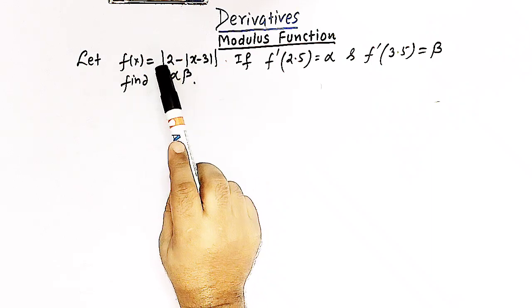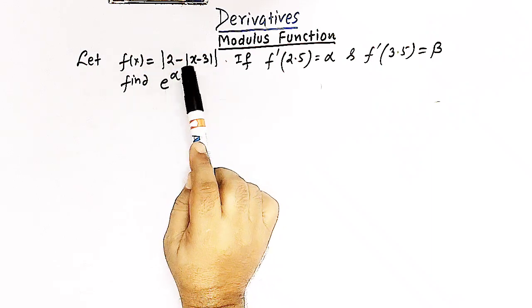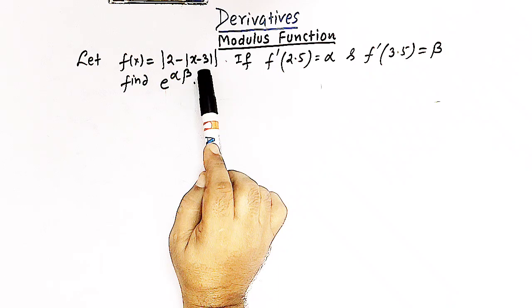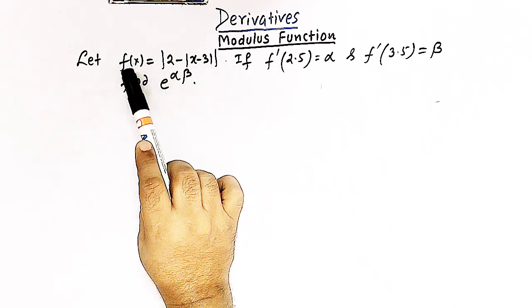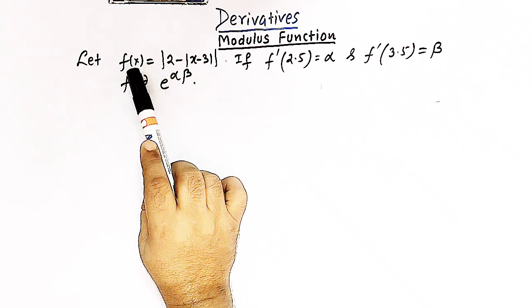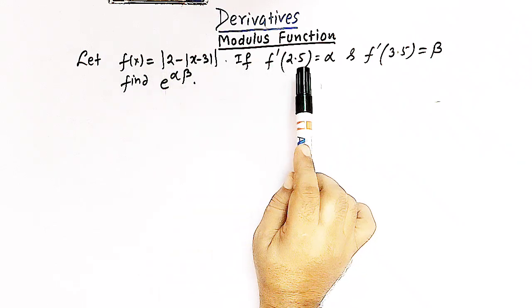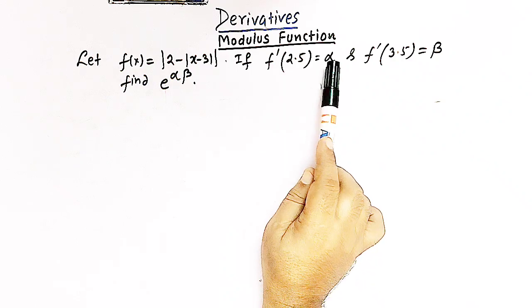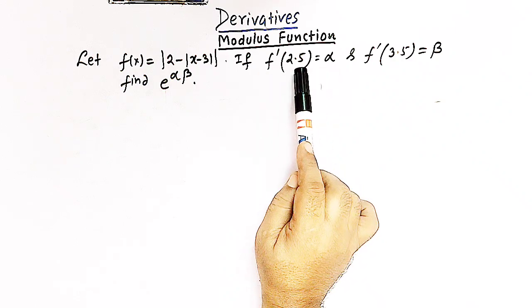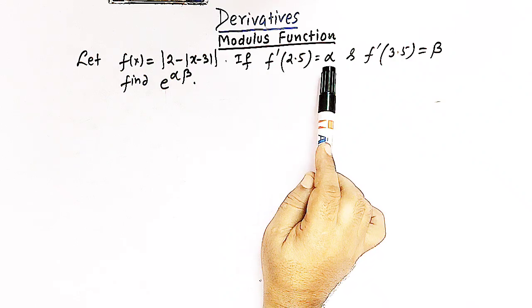So here f of x is given as mod of 2 minus mod of x minus 3, right? And we have to find out the derivative of this function f of x, that is at x is equal to 2.5, and we are considering f prime of 2.5 as alpha, right?